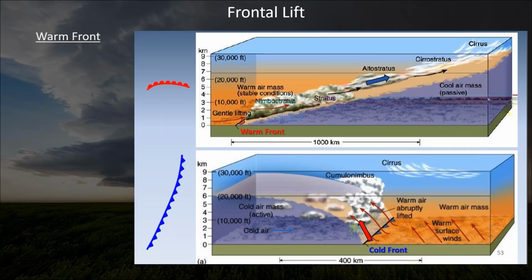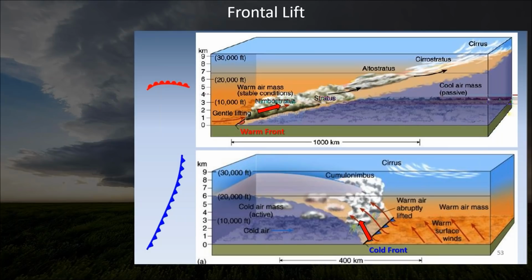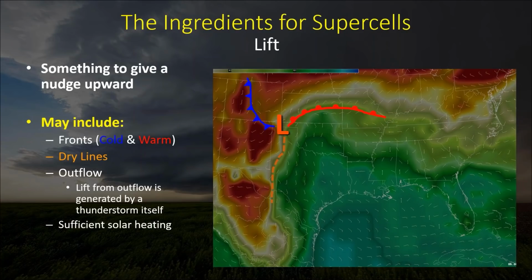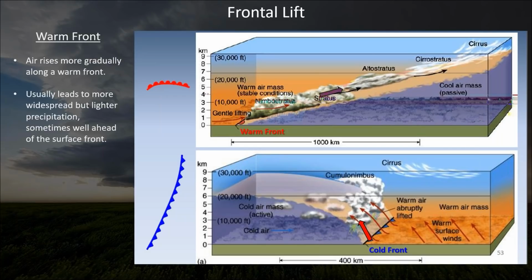we have basically a cross section on the top here of a warm front. And something that's important to note about a warm front compared to a cold front is that the air rises more gradually along the frontal surface. So you see the cold air mass on one side of the front on the right and the warmer air mass on the other side of the front on the left.